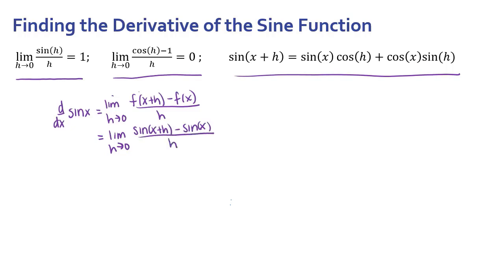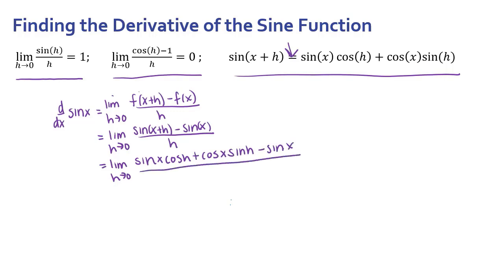This is where the sum of angles identity comes into play. I'm going to change the sine of x plus h into the sine of x times the cosine of h plus the cosine of x times the sine of h, minus the sine of x, all over h.